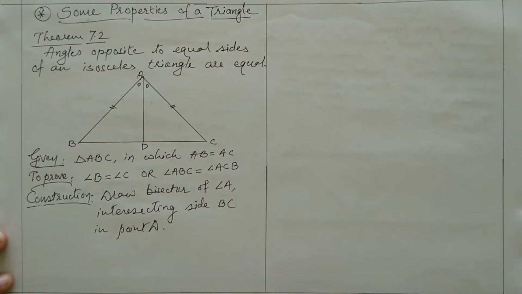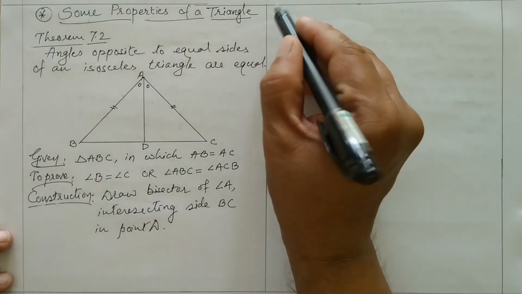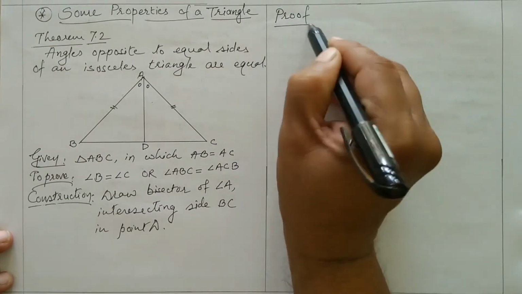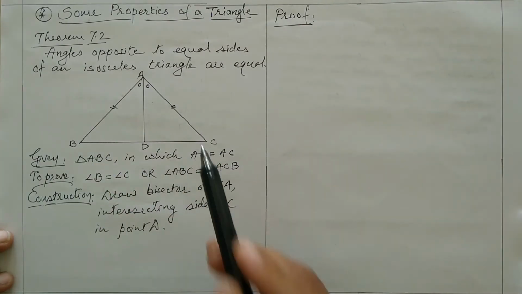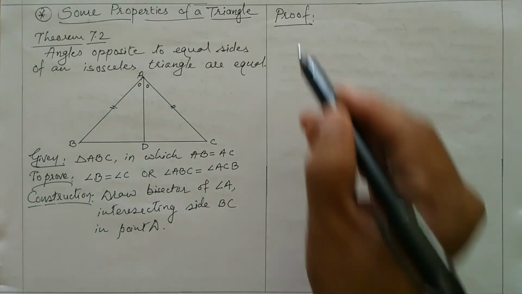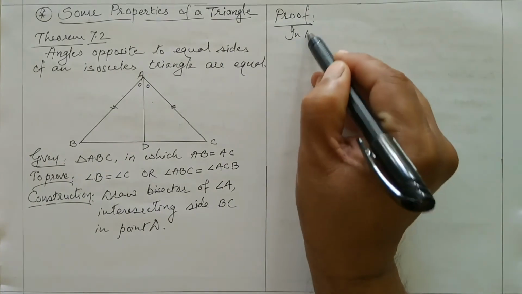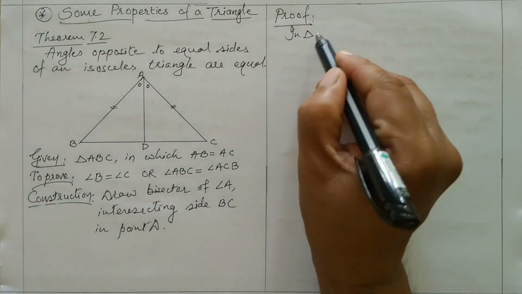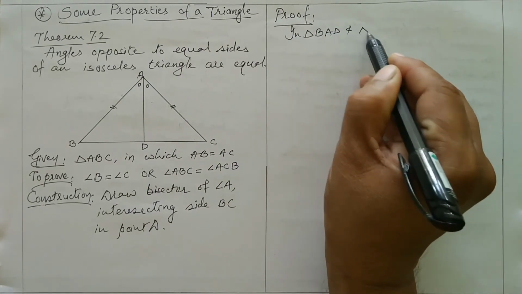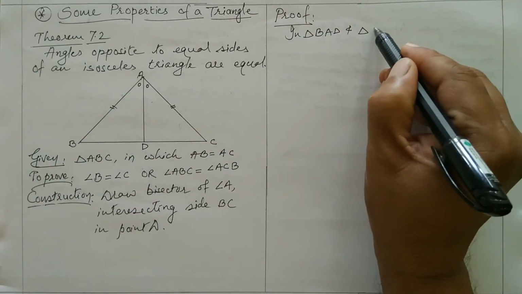Now let us write down the proof. So our target is we have to prove angle B is equal to angle C. So we are having now here two triangles. So we will write in triangle BAD and triangle CAD.